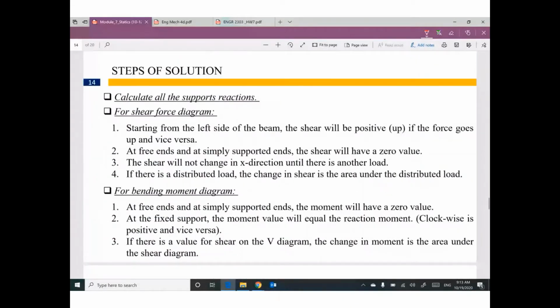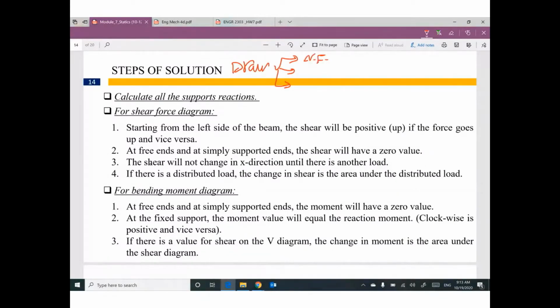Steps of solution. We have few steps. If you follow these steps, we can draw 3 diagrams. One called normal force diagram or axial force diagram. The second one called shear force diagram.